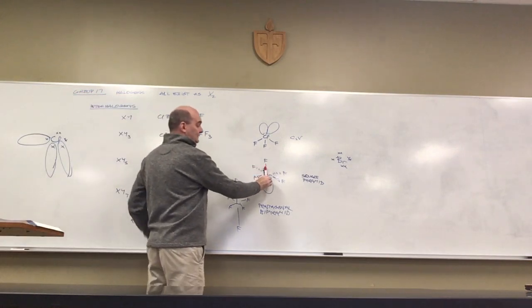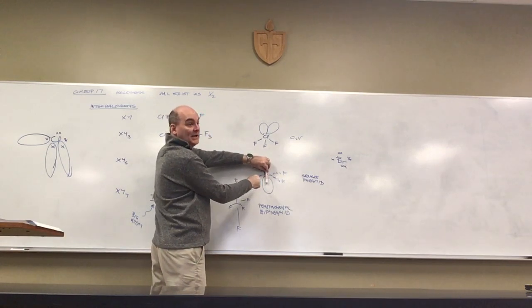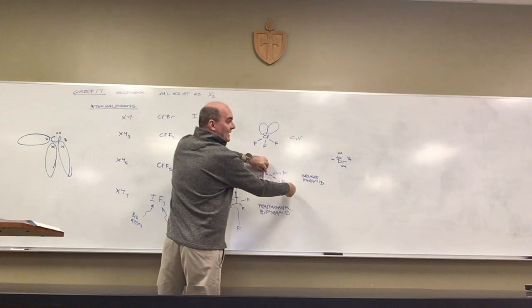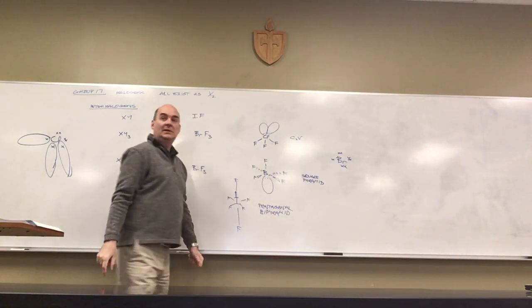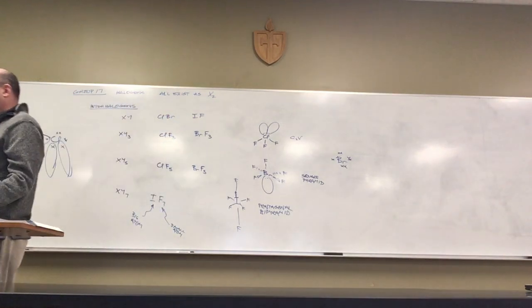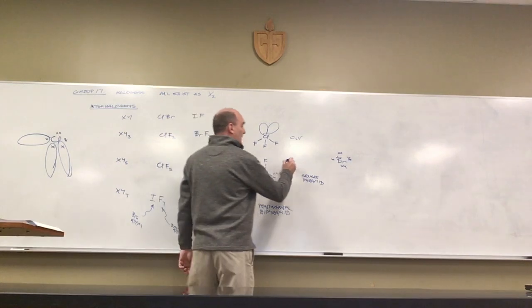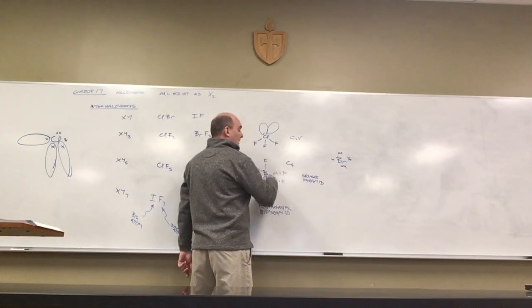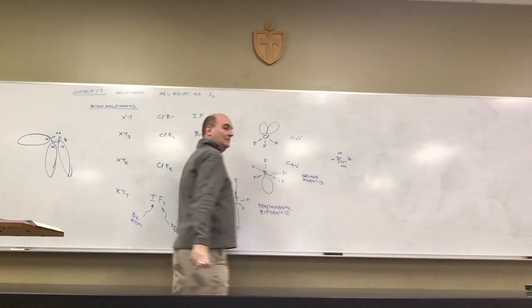Square pyramid. If I rotate it on its vertical axis 90 degrees, I get itself back. So what's its point group? C4, and that's on the vertical.